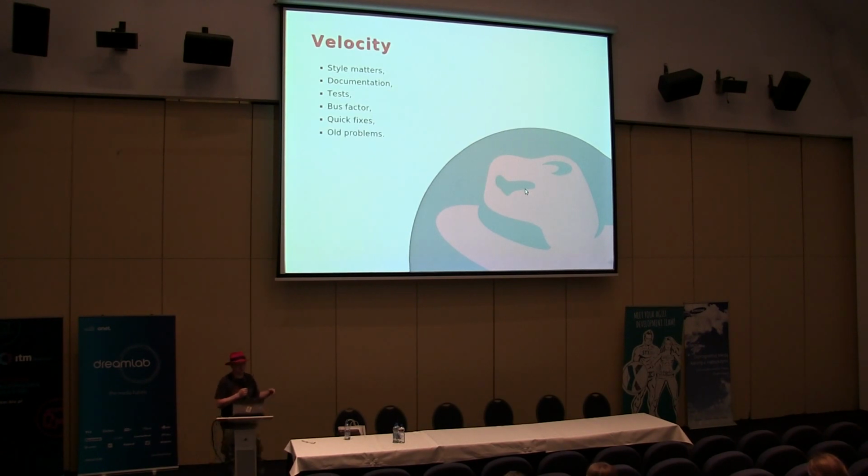Okay, but you can improve your velocity, because you can make sure that all the things that are supposed to be in that commit, like proper style, documentation, tests, and so on, actually are in this commit when it hits the repository, before it hits the repository.